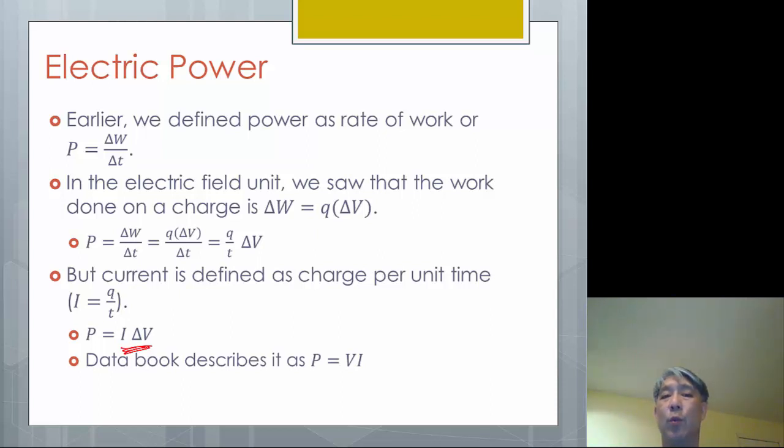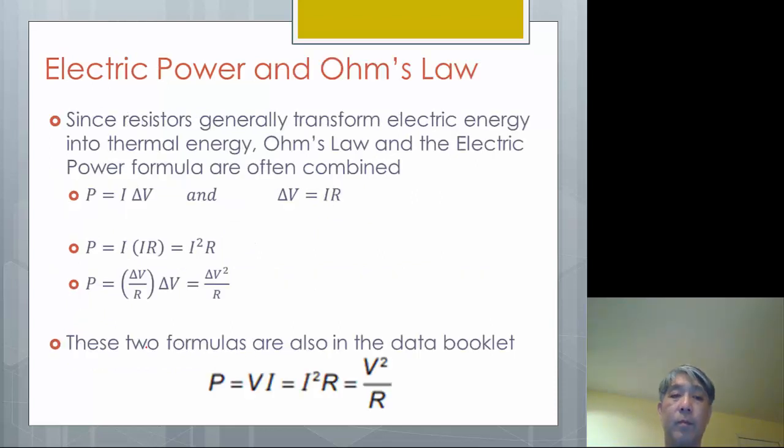As we moved into electricity, we found out that work is going to equal Q times the change in voltage. So making some substitutions and doing some algebraic manipulations, we find that power is going to equal Q over T times the delta V. But current is Q over T, so that's how we end up with the formula that says power is equal to current times change in voltage.